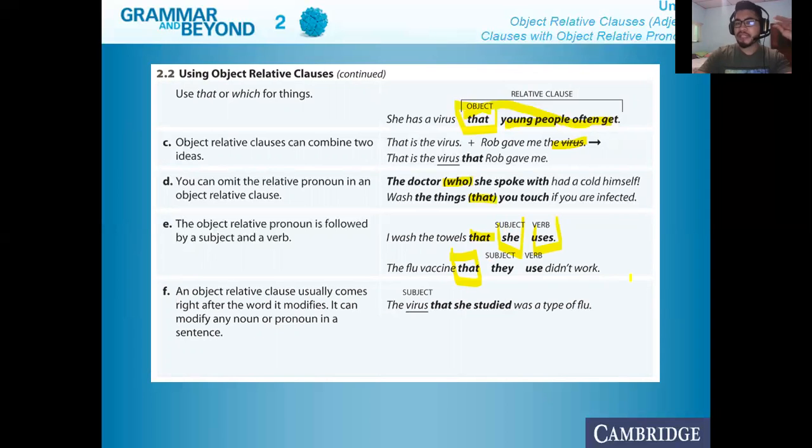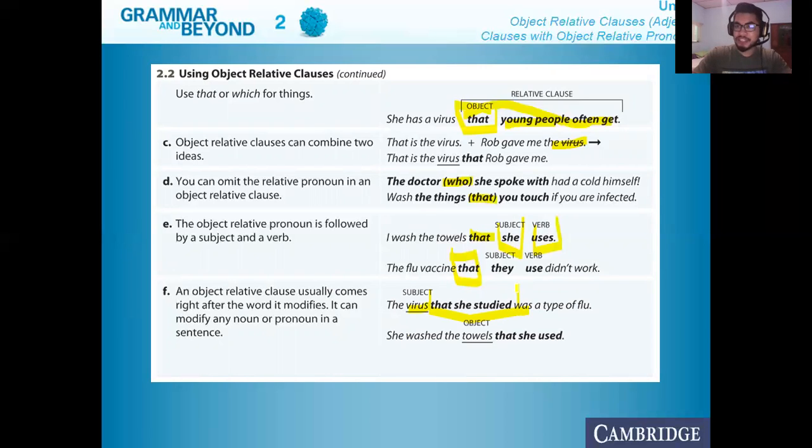For example, the virus that she studied was the type of flu. You see that we have the subject, that is the virus, and right after the subject, we have the object relative clause. Why? Because even though they are objects, they don't need to be after a certain verb. They need to be after the subject or the noun that they are modifying.